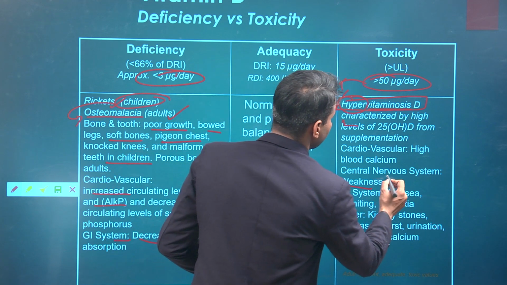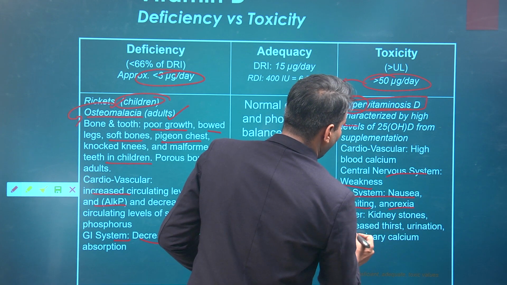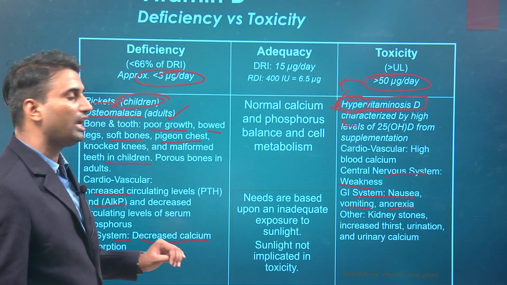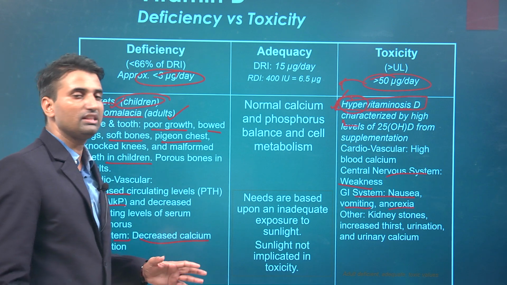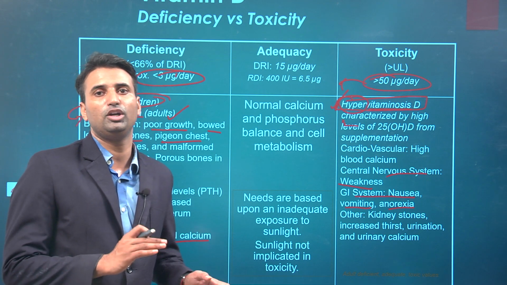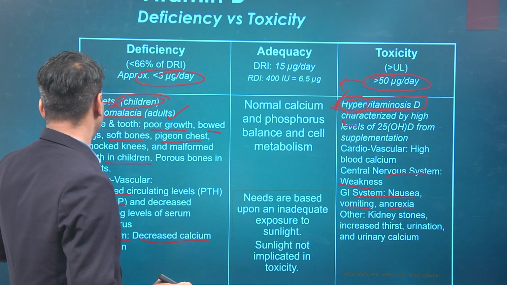Then weakness, central nervous system problems, GI system problems, nausea, vomiting, and other problems come into the picture. Needs are based upon inadequate exposure to sunlight. Exposure to sunlight is very, very important to convert vitamin D2 to D3, which can be absorbed directly in our body.